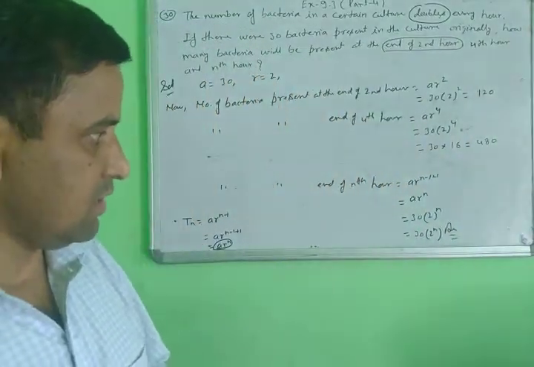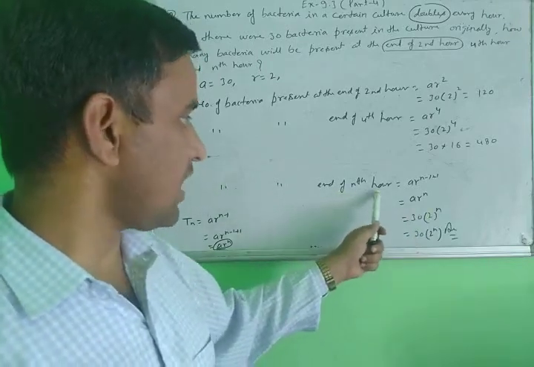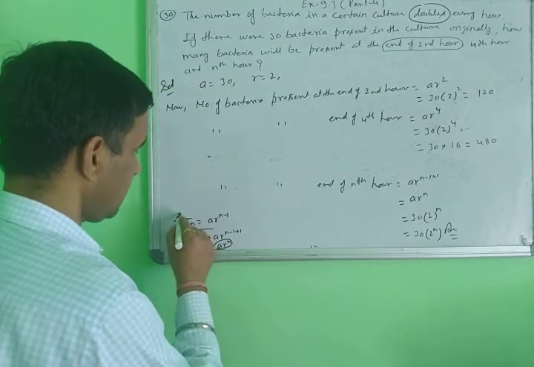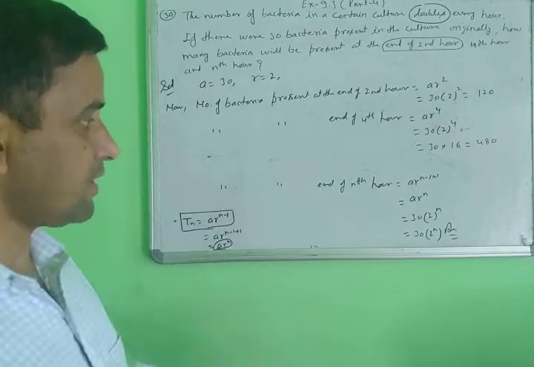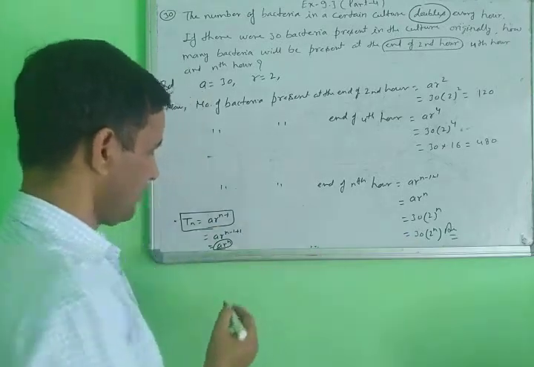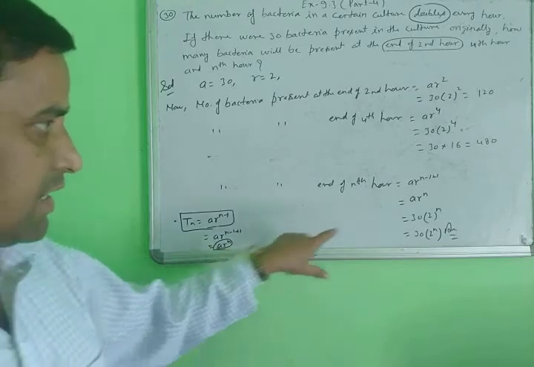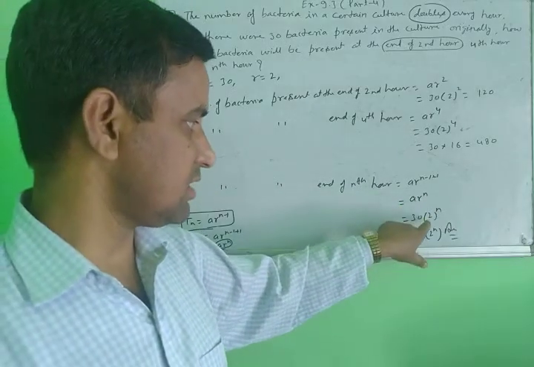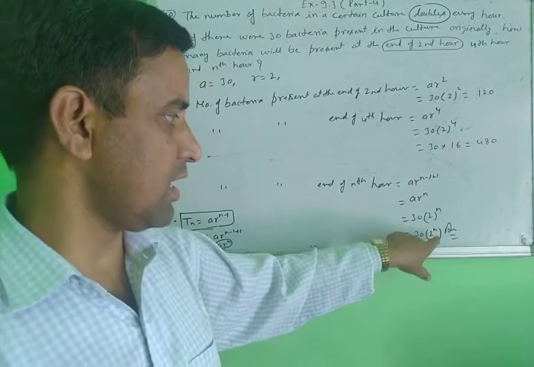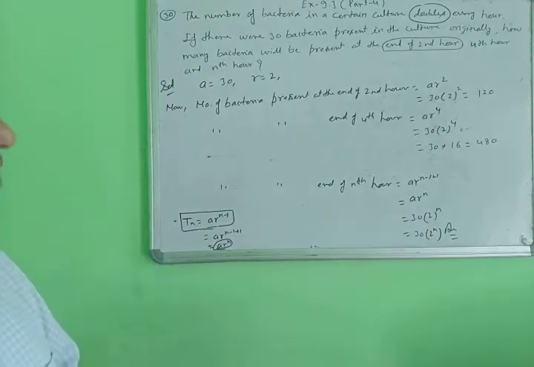This is your answer: number of bacteria at the end of the nth hour. This is the general term of the GP, but it is only the nth term; after the nth term, you add one more. Then you find the result by putting the values of A and R. According to this way, you will solve the questions.